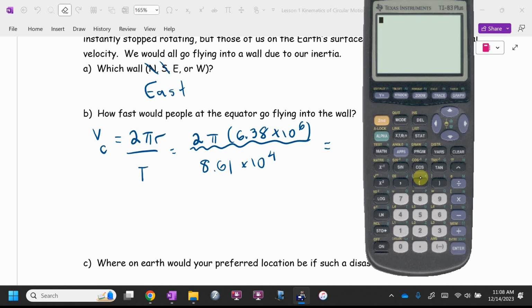Is there more than one thing on the top bracket? 2 times pi. You might need to put a times after the pi before the 6.38. Scientific notation button 6 divided by 8.61. Scientific notation button 4. I'm thinking 466 because I know how to round off because I passed grade 8.